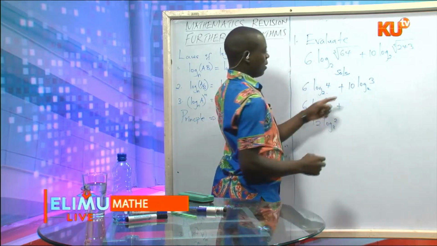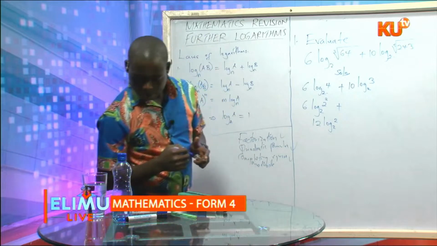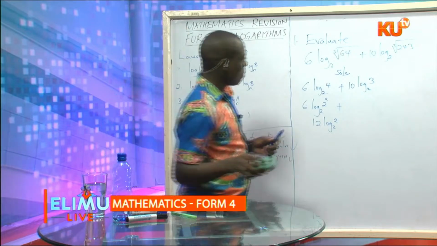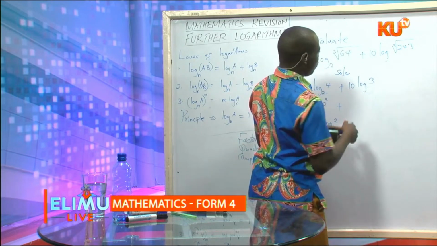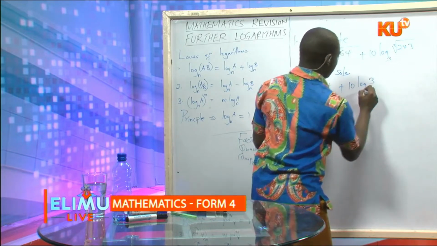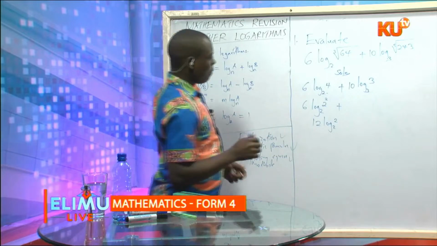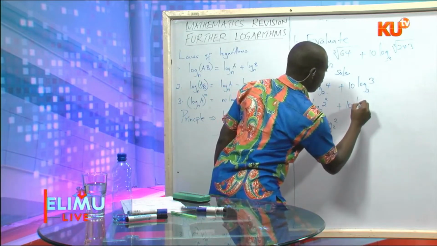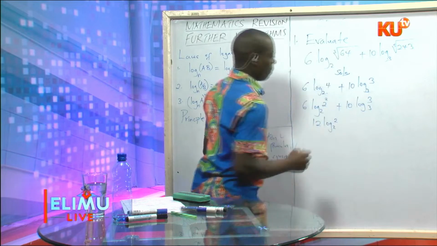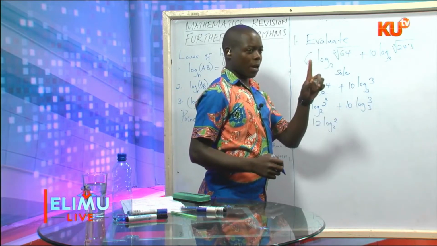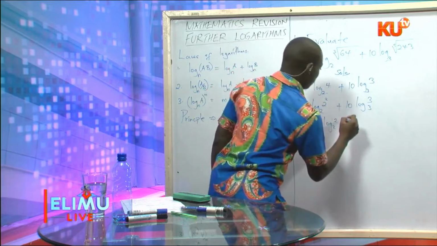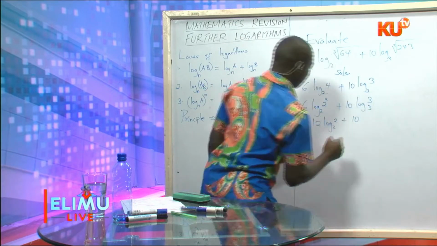Then plus, this should be base 3. Correct this one. Not base 2. This is base 3. So what you have now is 10 log 3 base 3. And log 3 base 3 is 1. So it means 10 times 1, which is 10.